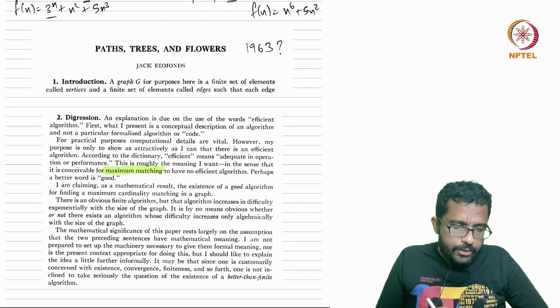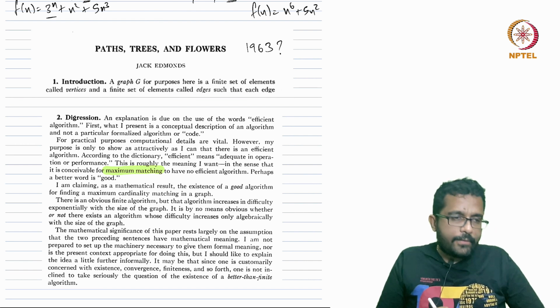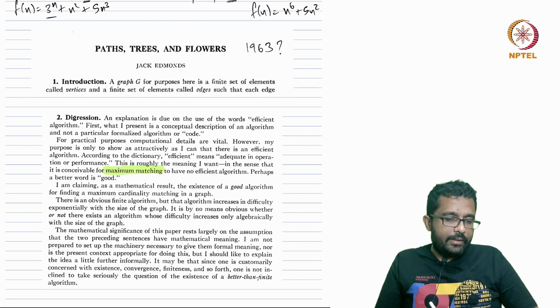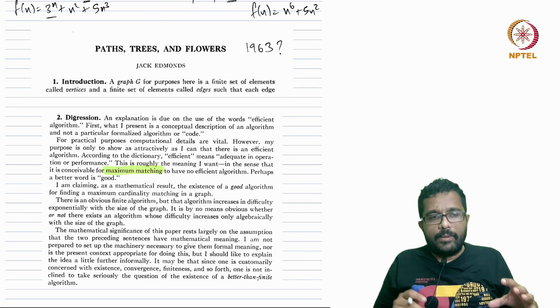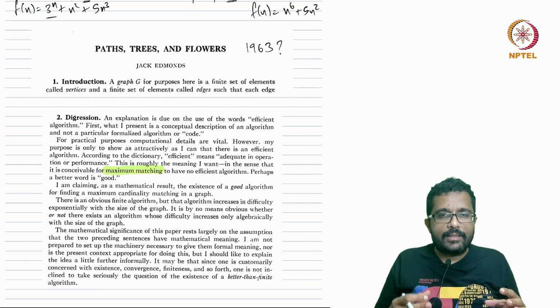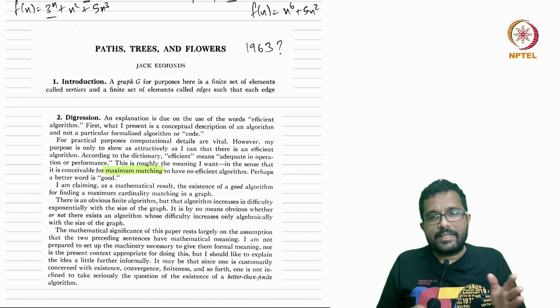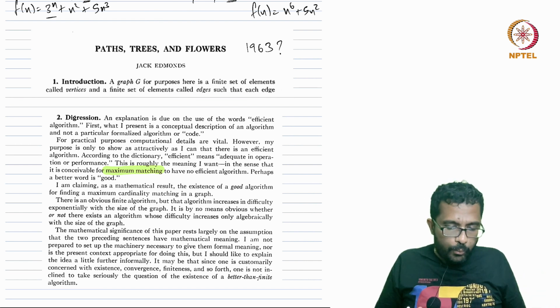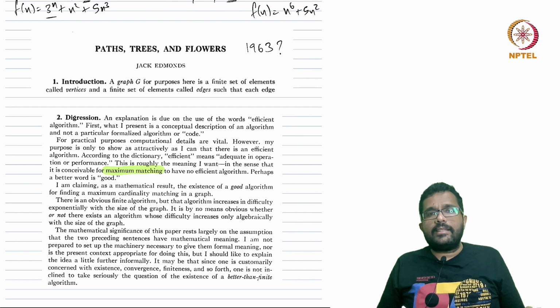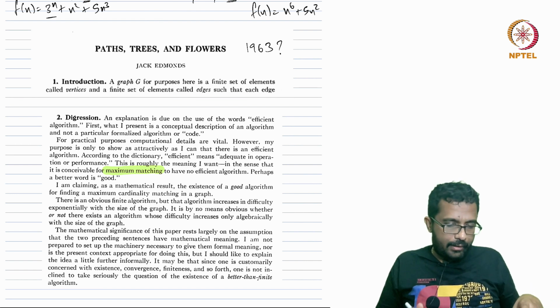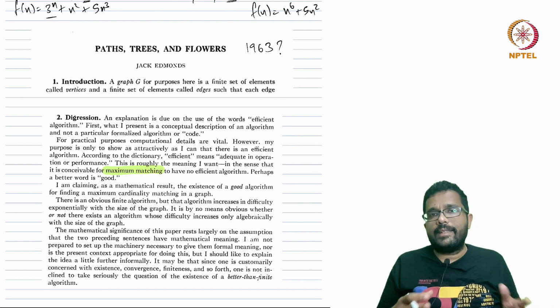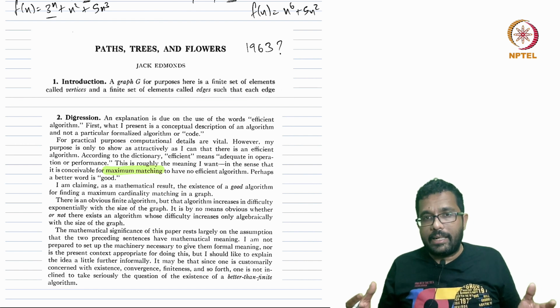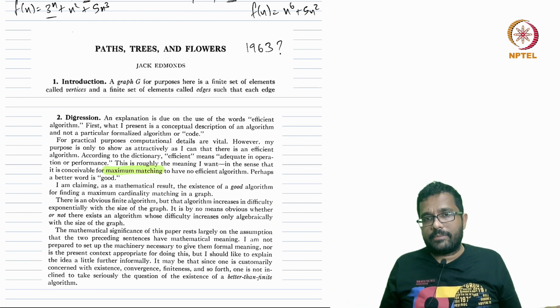However, most of the complexity theory, the definitions, were given and things took shape in the 70s. So in 1963 there was no formal theory that stated that polynomial algorithms are better than exponential algorithms, right?